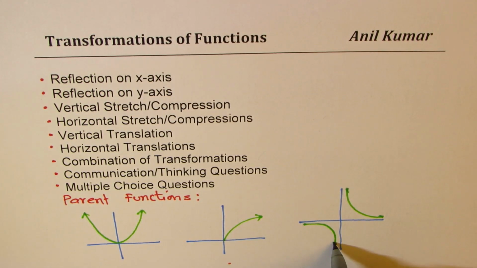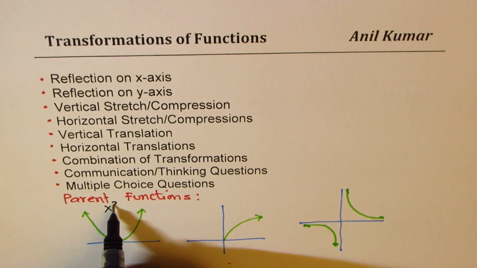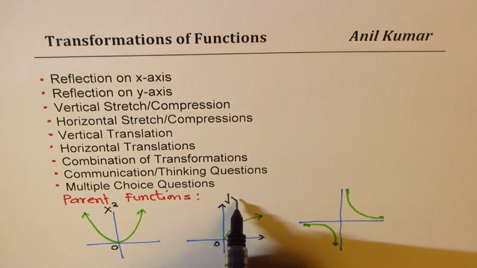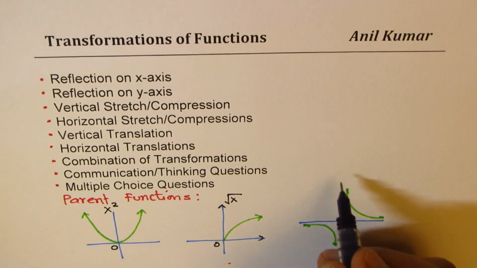Now these three functions are good examples, since in the first you see the domain has no restriction, however the range has a restriction. Range is always greater than or equal to 0. In the second one, which is square root of x, both domain and range are restricted.